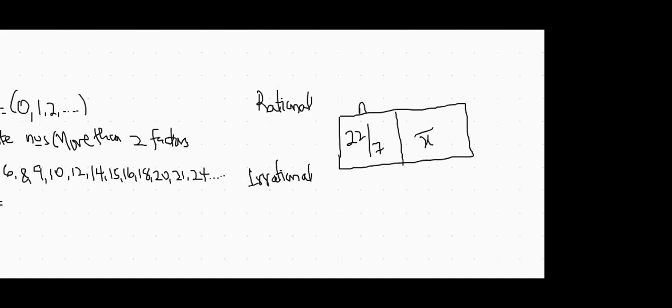So we have box A and then B. A is 22/7 and B is pi. Which of the following is a rational number? A or B? A. Yes. It's A.